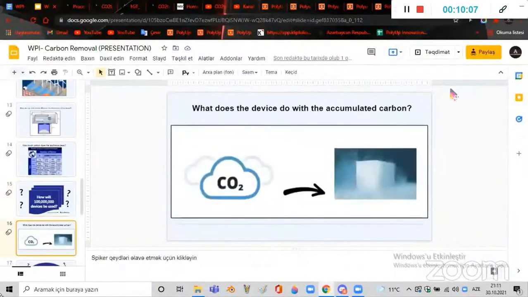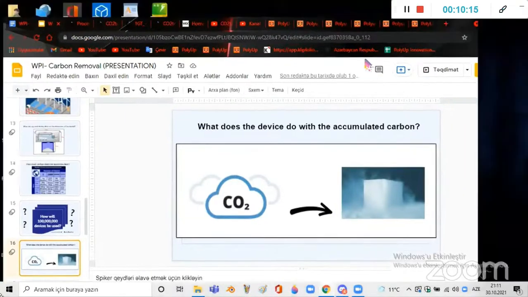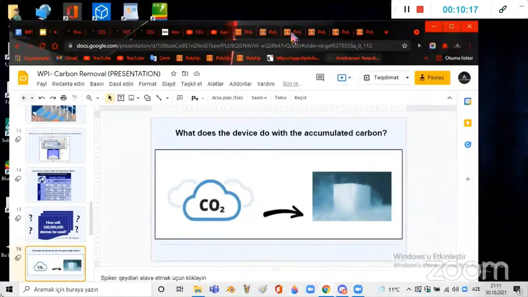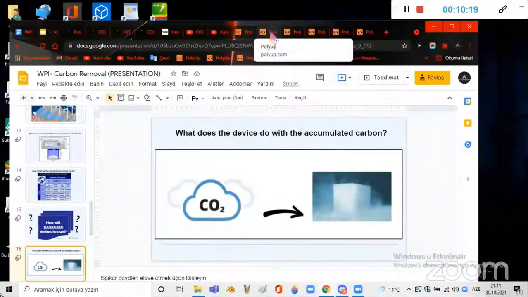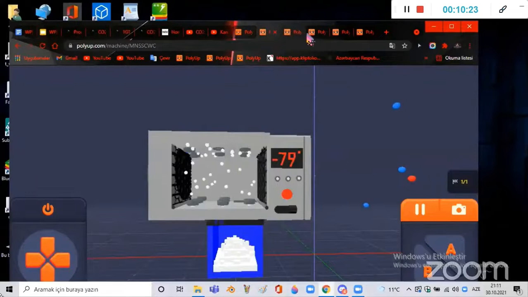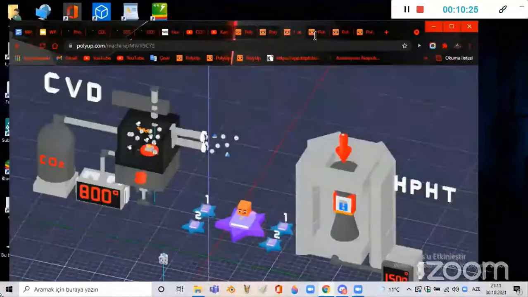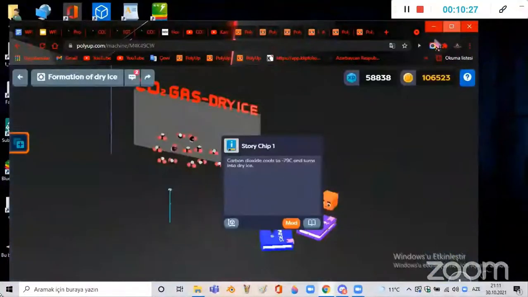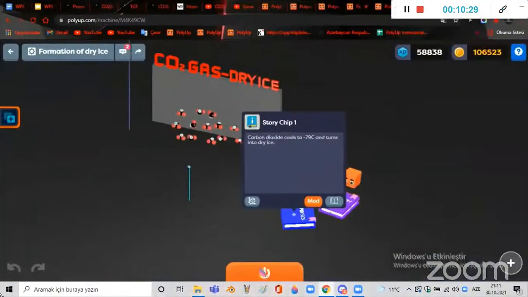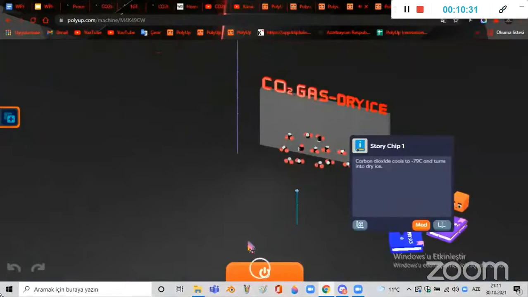We bring the accumulated carbon to a solid form, and we can keep it longer. Chemical level. Dry ice simulation.